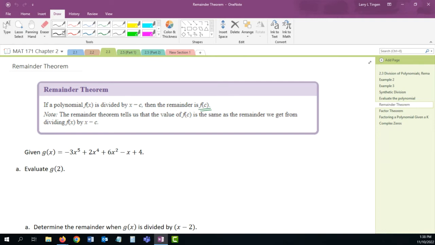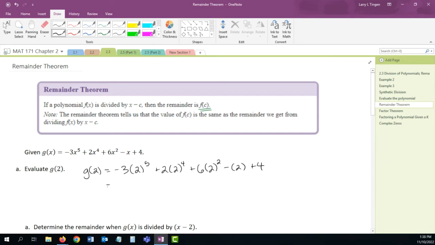So again, let's do another one. Evaluate g at 2. Here's g of x. What is g at 2? G at 2 is -3 times 2 to the 5th plus 2 times 2 to the 4th plus 6 times 2 squared minus 2 plus 4.